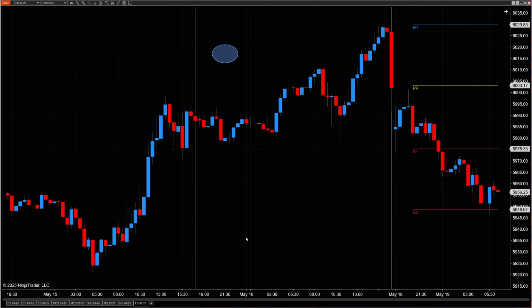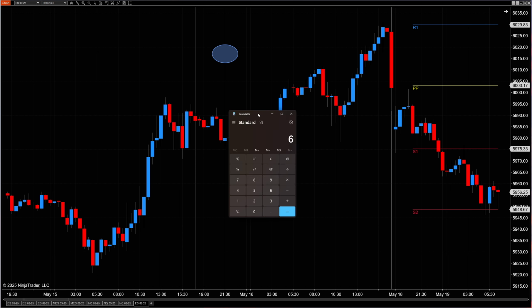So we had 27 days. Now, if we pull up the handy dandy calculator real quick, we say 6 divided by 27, then minus 1 from that. That's going to be a 77.7% accuracy that the P point is going to get hit on a daily basis.